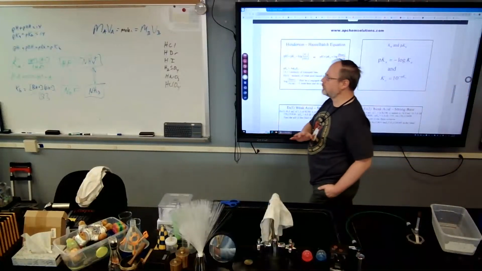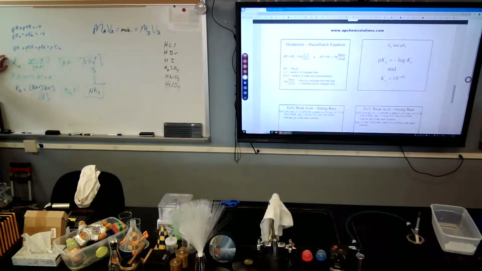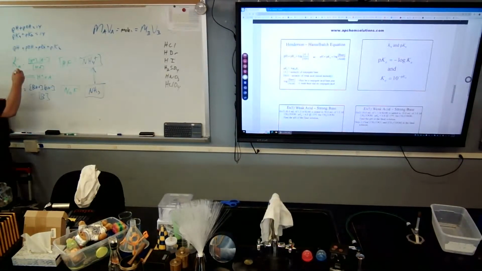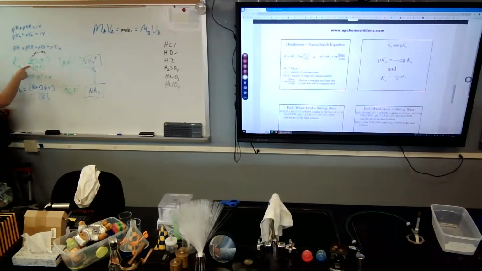So here's what I'm basically saying. If you have the Ka, you can get the concentrations, and the concentration will give you the pH. So you're going to get a pH by doing a negative logarithm of that. So far so good? So you're saying to take the logarithm of all this.